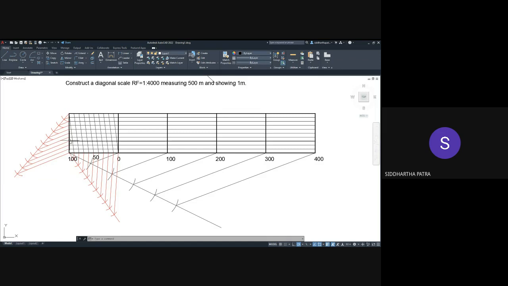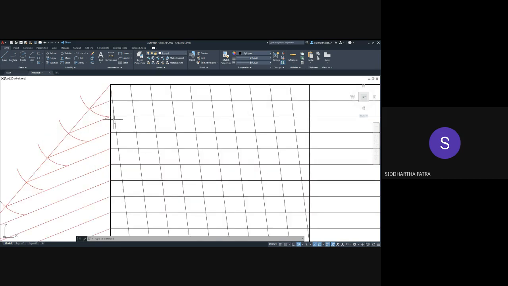তার মানে যদি this entire line segment is divided into 10 parts, and this line also is divided into 10 parts, then you can see that these horizontal parallel lines are trapped between.